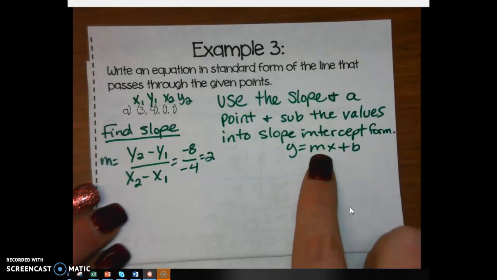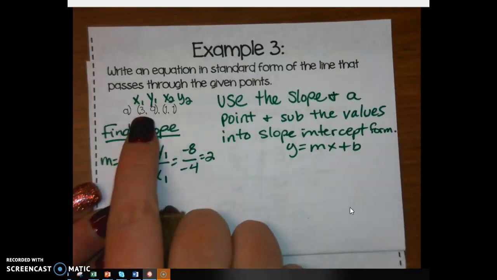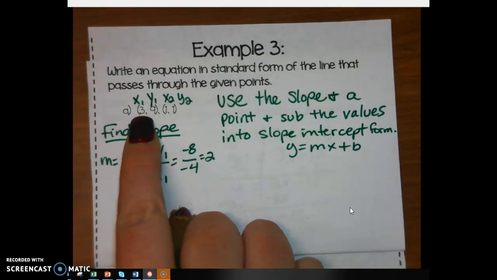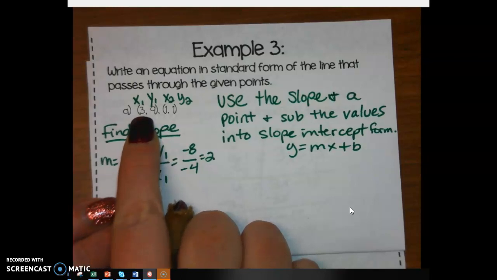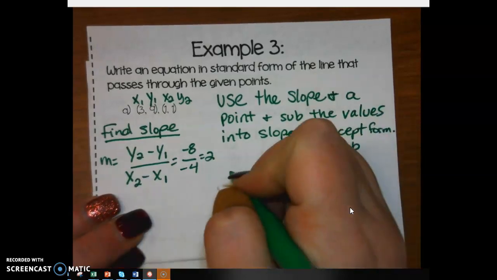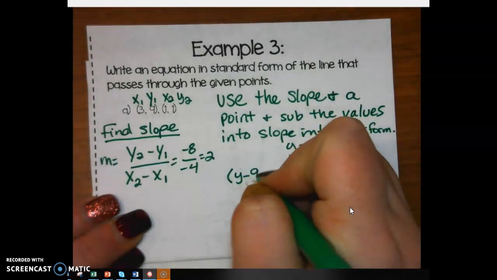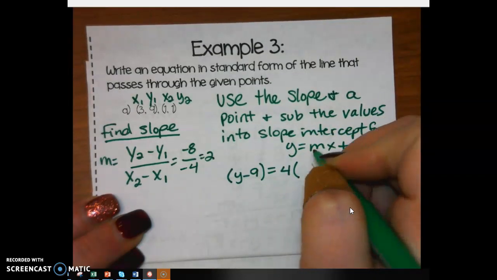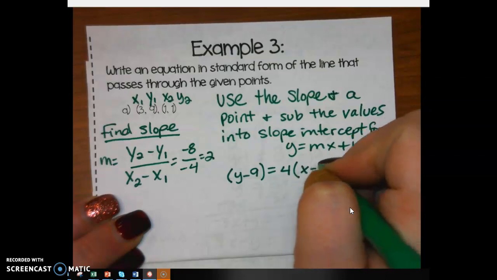So you've got your slope, and you've got a point. So, watch this. So we're going to take y minus 9 equals 4 times x minus 3.